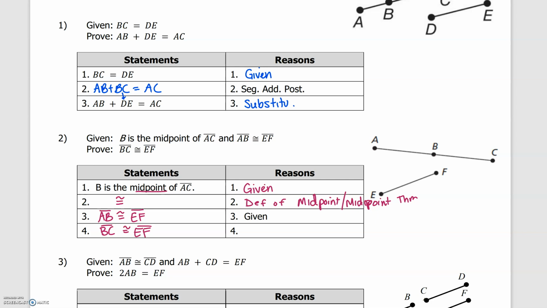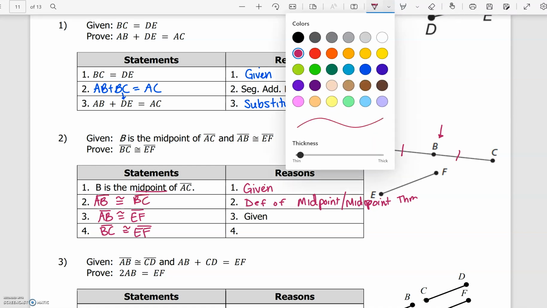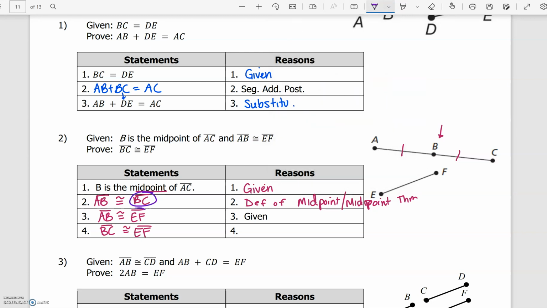So midpoint B is in the middle, so we know that AB and BC are congruent to each other. Now we are saying, I'm going to use some highlighting here, that BC is congruent to EF. So we're putting these two congruent when we know they're congruent to the same thing. So that would be the transitive property.